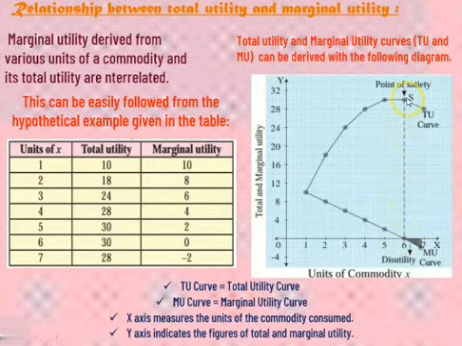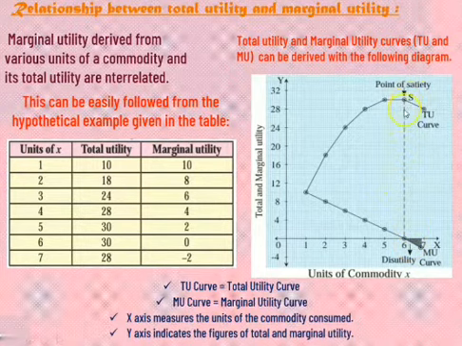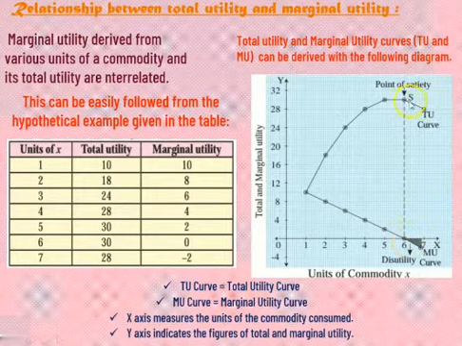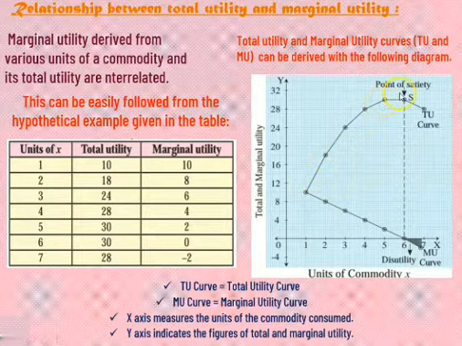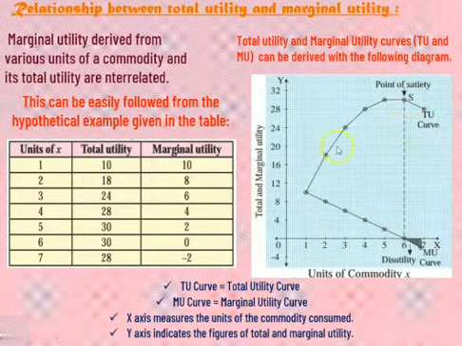So this point is called the point of satisfaction, maximum satisfaction that the consumer is deriving from the particular commodity. And after that, TU starts declining and MU turns negative, that is at -2. It shows that TU increases but at a diminishing rate and MU starts declining.